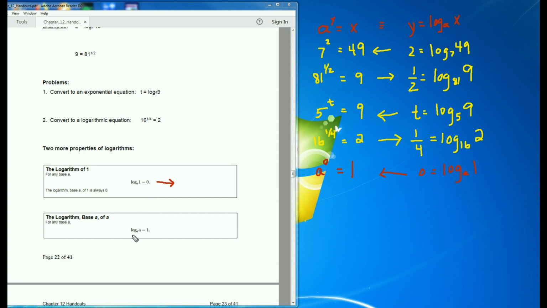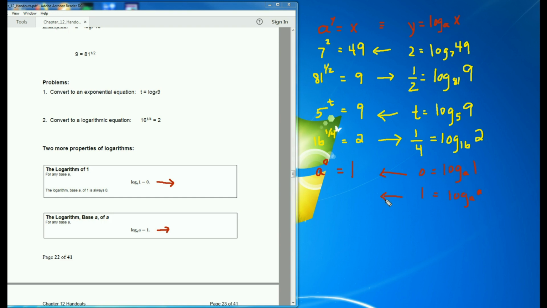And the second one is log base A of A. So if you take the log with a base of the number itself, it is always equal to 1. And again, let's look at how that works over here. So we've got log base A of A is equal to 1.